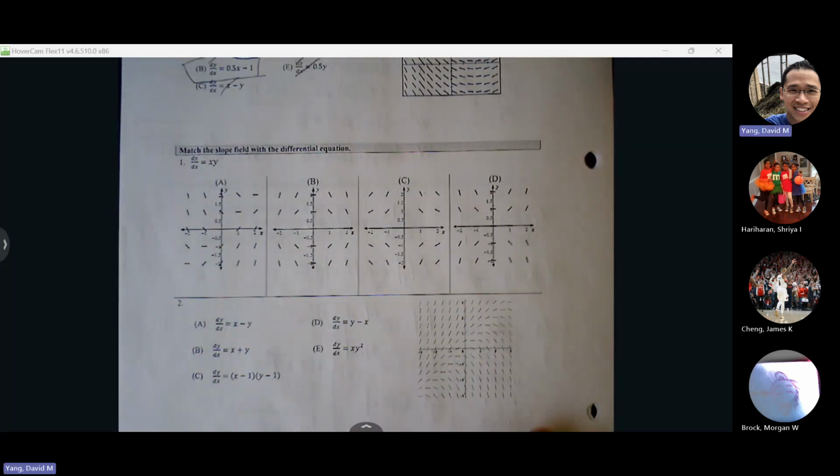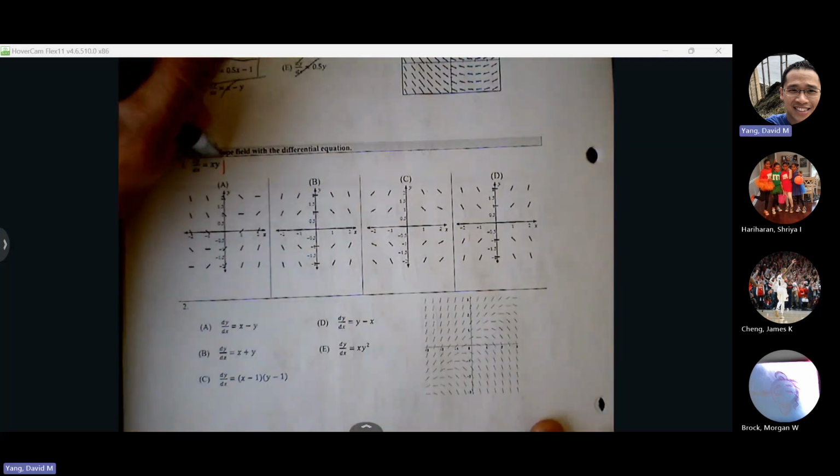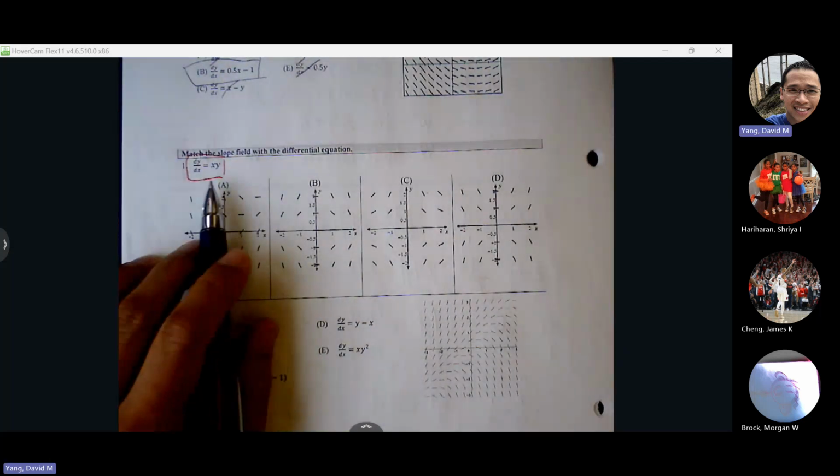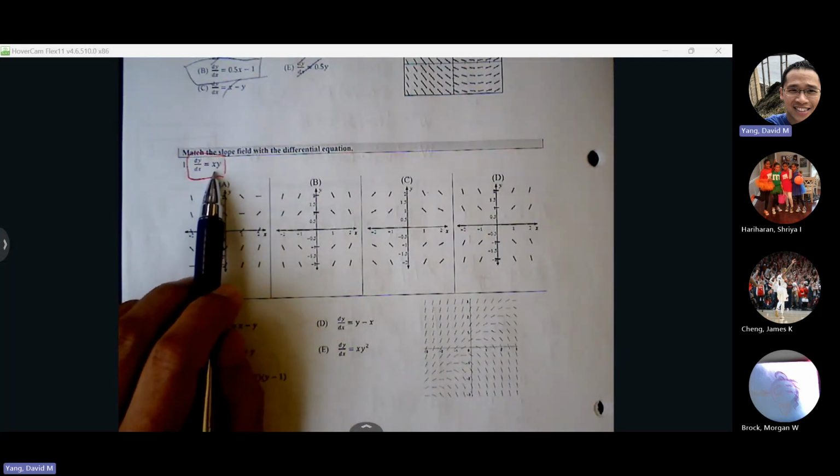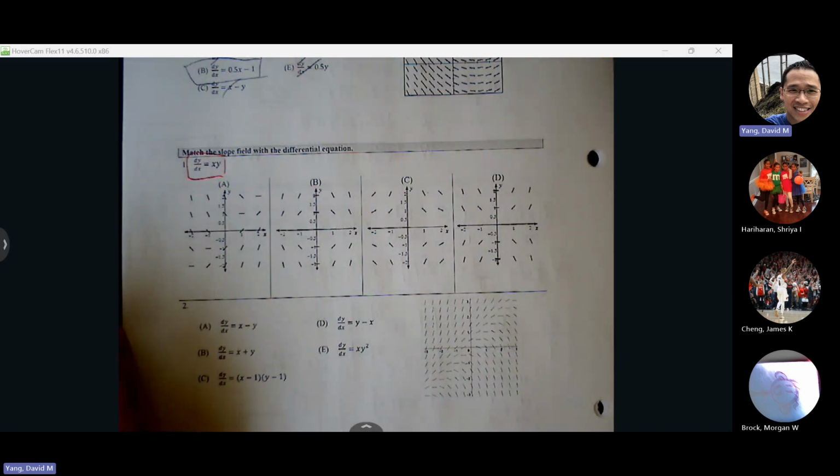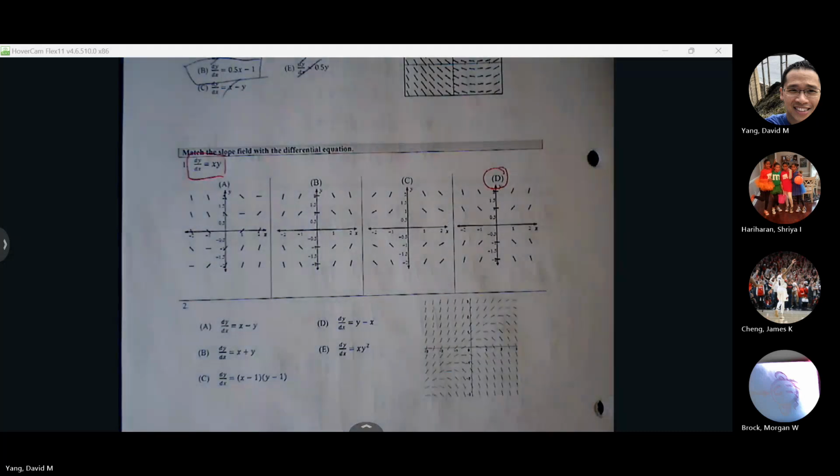Okay, next up, x times y. So x times y, we know that the first and third quadrants will give us positive, and the second and fourth quadrants will give us negative. You'll be the best fit there.